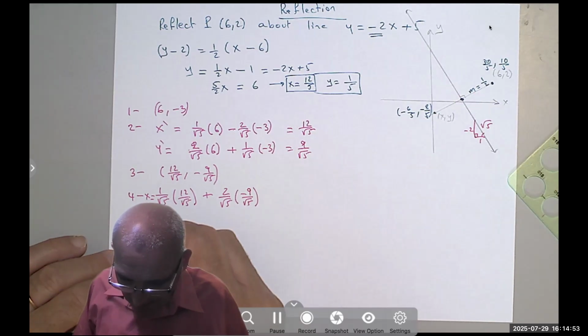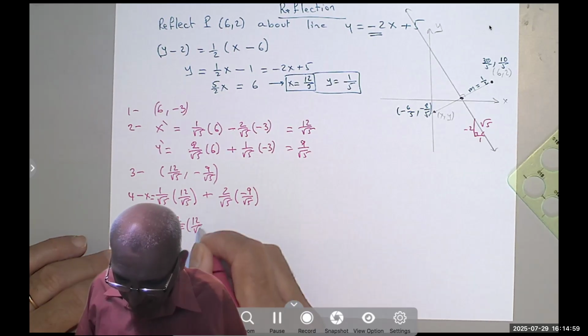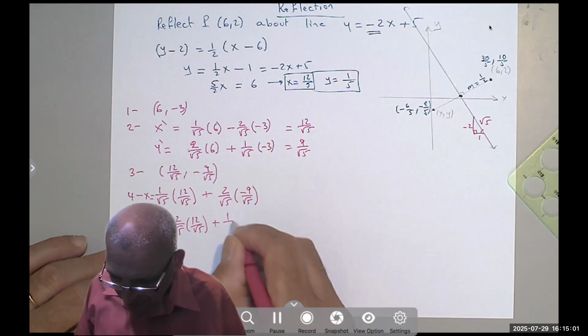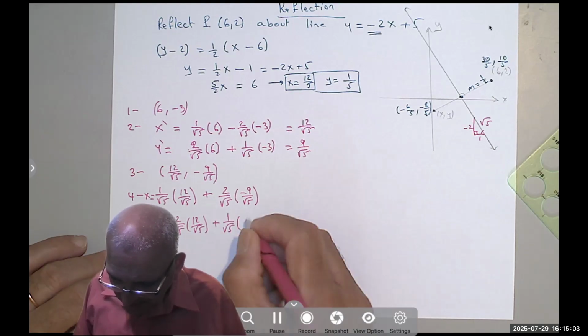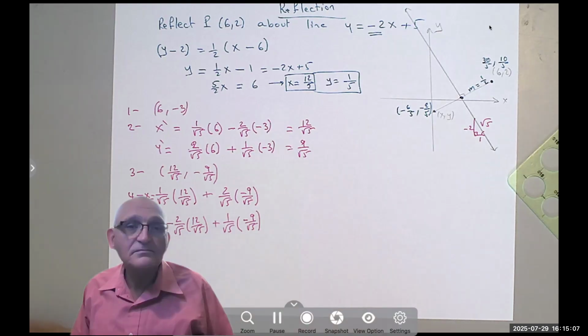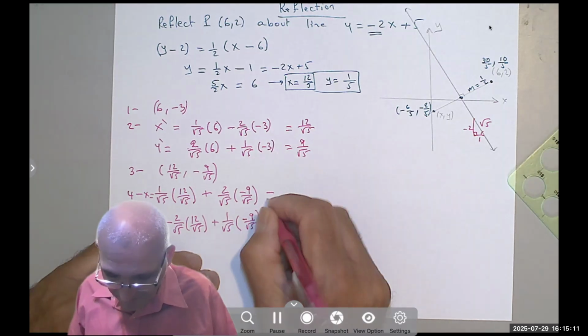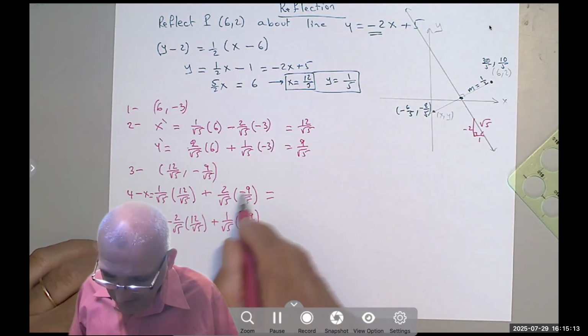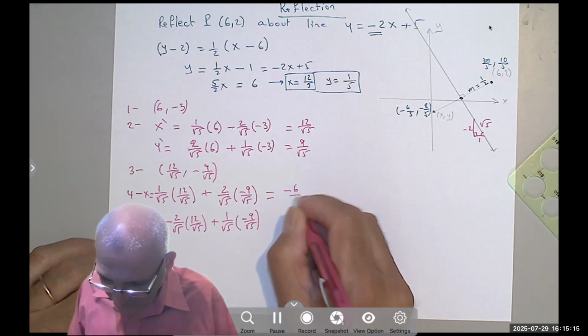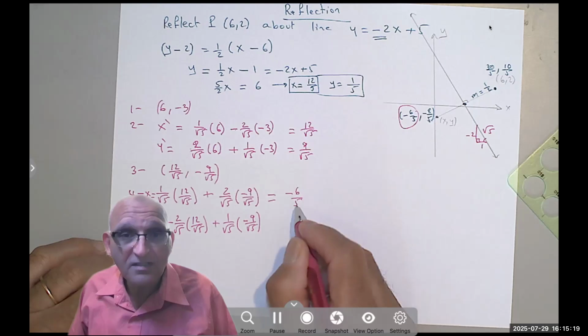And the y becomes negative 2 over root 5 times 12 over root 5 plus 1 over root 5 times negative 9 over root 5. So that's the step before last. 12 minus 18 is negative 6 over 5. See, we already got that.